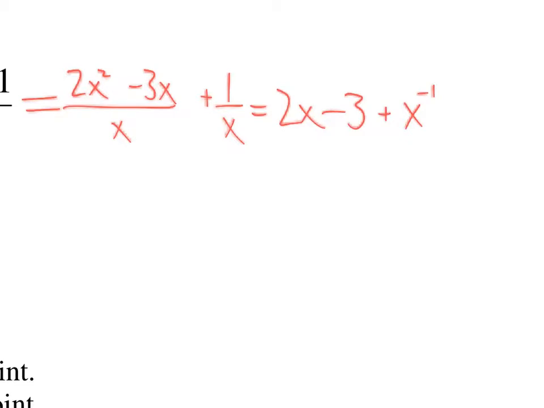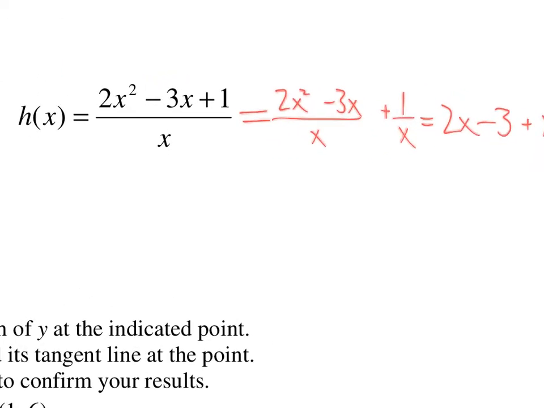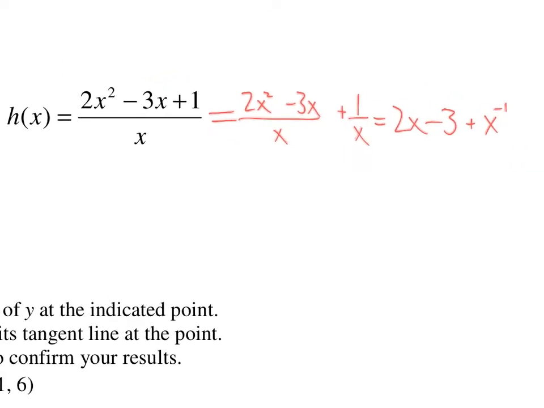Good, so now we have it in a form that we can use the power rule for, okay? And that means we get h prime of x equal to what? 2 minus 1 over x squared. Very good. 2 minus 1 over x squared.